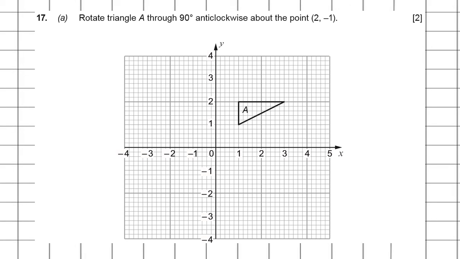17. Rotate triangle A through 90 degrees anti-clockwise about the point (2, -1). So that's our starting point. If we have tracing paper, it'll be a lot easier. So anti-clockwise is that way, and we want to rotate it 90 degrees.